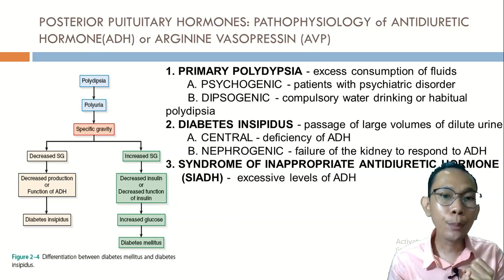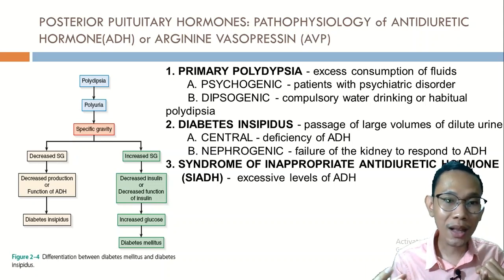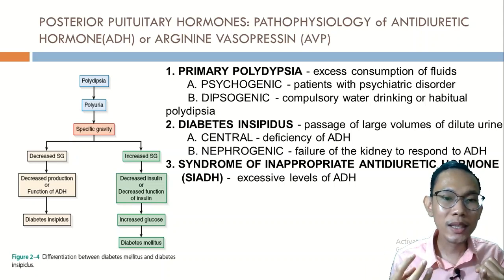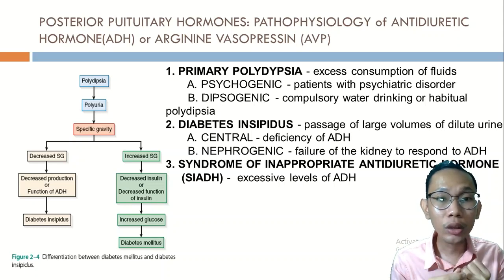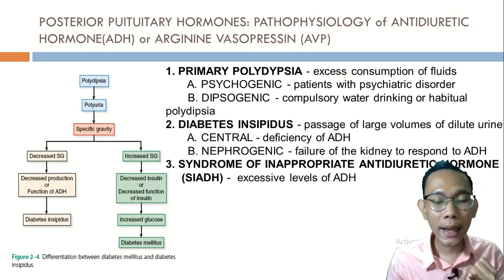In your type 1 diabetes mellitus, it's actually an autoimmune disorder wherein you are attacking your own cells. Since you are attacking your own cells, particularly your beta cells of your pancreas, it will lead to the destruction of your beta cells, leading to decreased level of your insulin. So sa type 1 na DM, decrease ang iyong insulin.